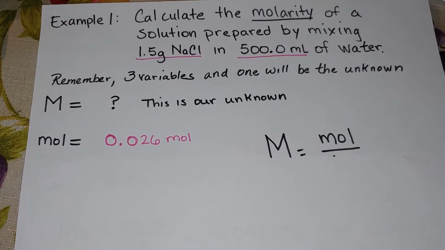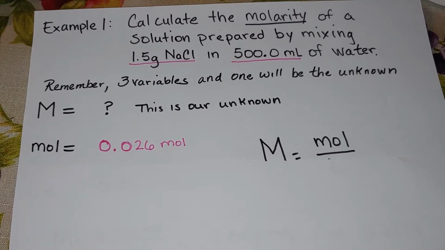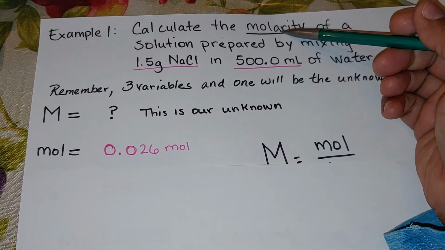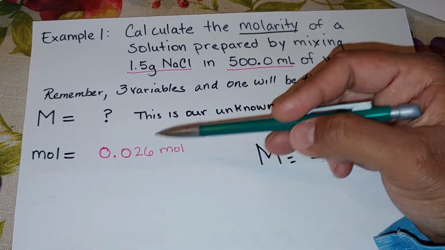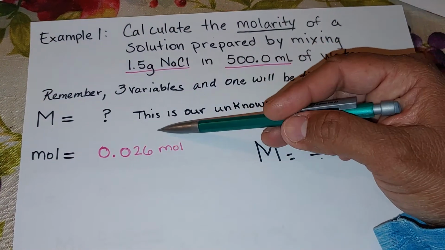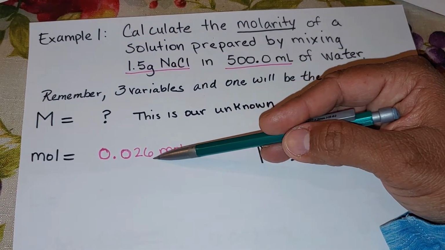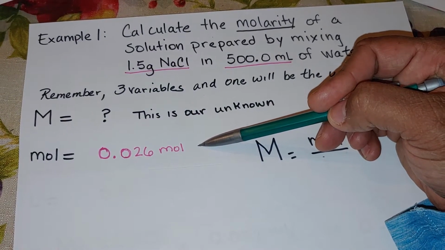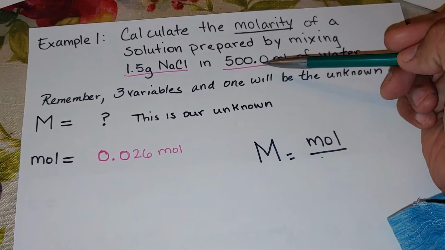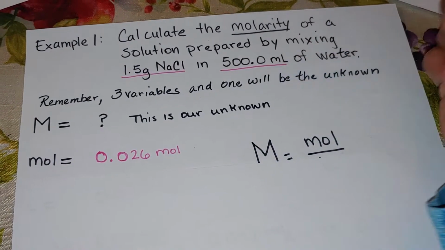All right, so this is what we have to work with so far. We know that they're asking us to calculate molarity, so that's our unknown. We know now that our moles, because we converted the grams, is going to be 0.026 moles. Now the only thing to find is the liters. They give us 500.0 milliliters.